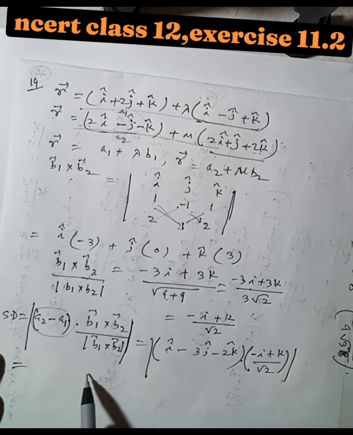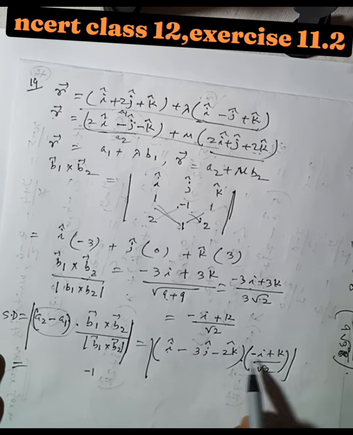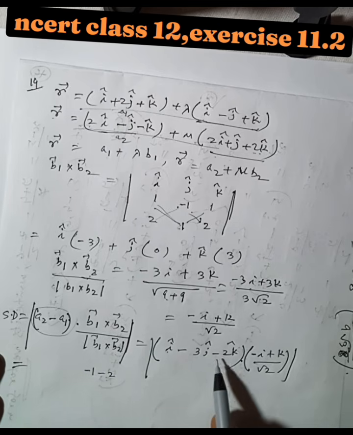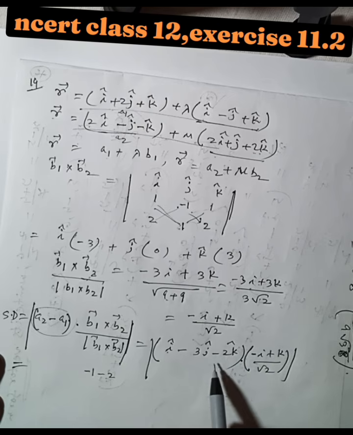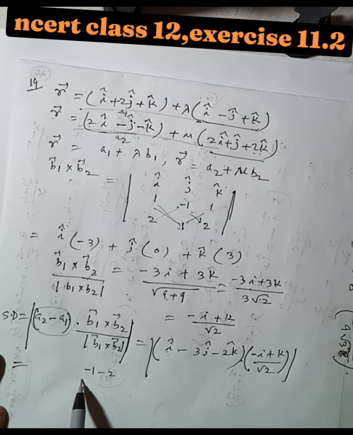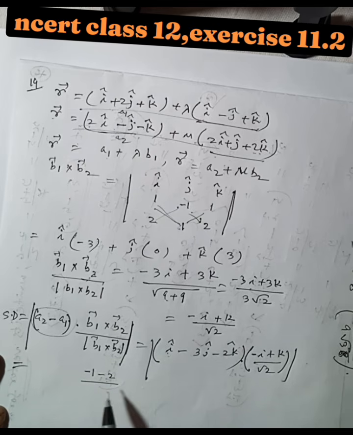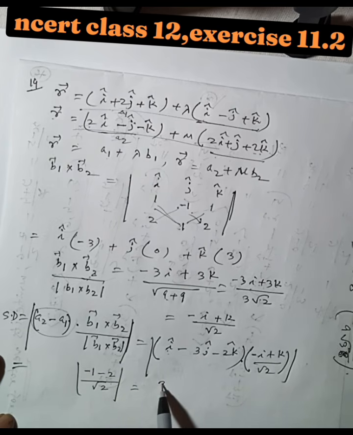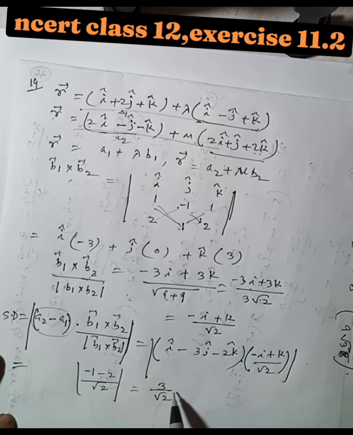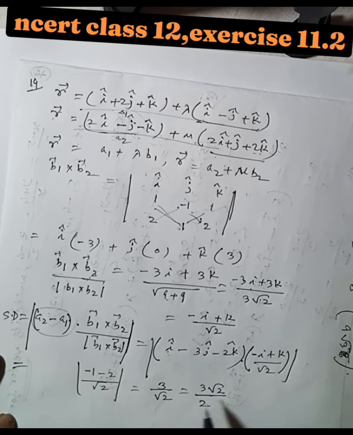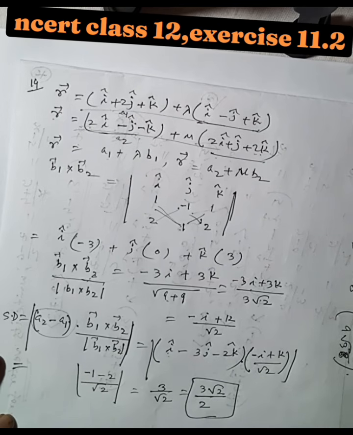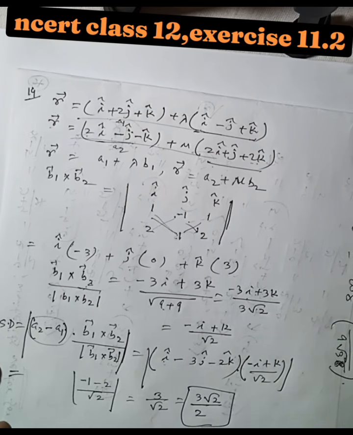Now we multiply: -1 - 2, j is 0, so -1 - 2 by root 2. This is modulus 3 by root 2, which is the shortest distance of the given lines.